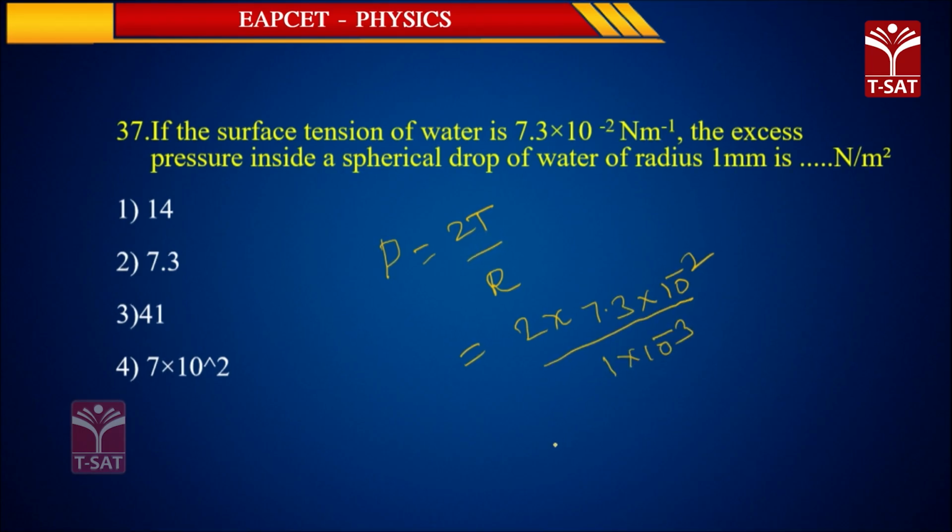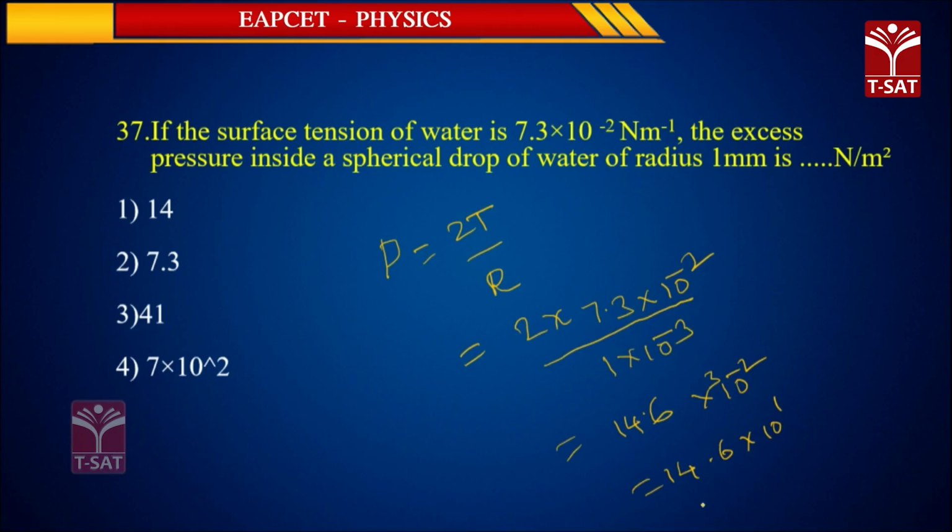Okay children. Therefore, here how much here? 2 into 7.3 14.6 into 10 to the power minus 2. 10 to the power minus 3 you take that up 3 minus 2. Therefore, 14.6 into 10 to the power 3 minus 2 1.